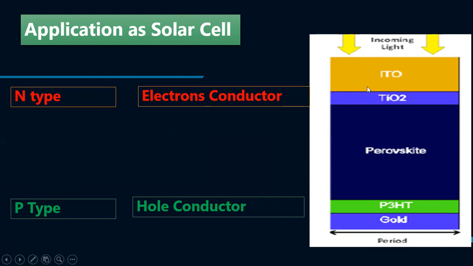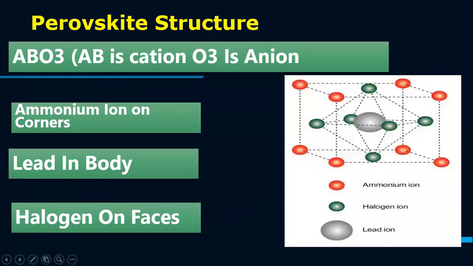So when we introduce the light, this depletion region will be destroyed, and electrons will start moving towards the p-type material, and holes will feel attraction towards the n-type material. So the depletion region will be destroyed, and flow of current will be started. So this perovskite structure will act as a solar cell. So this type of structure where we have a general formula ABO3 is known as perovskite structure.